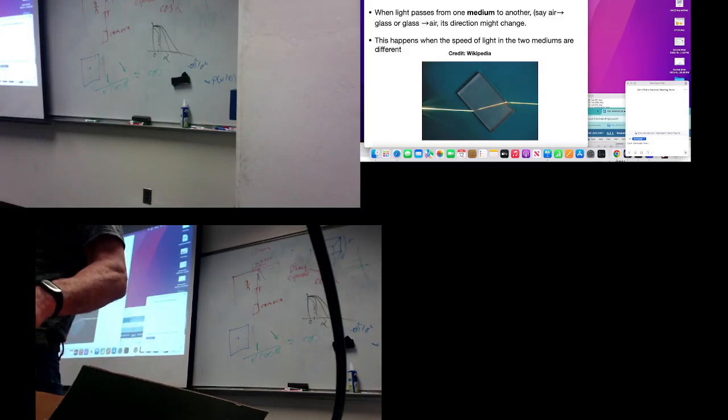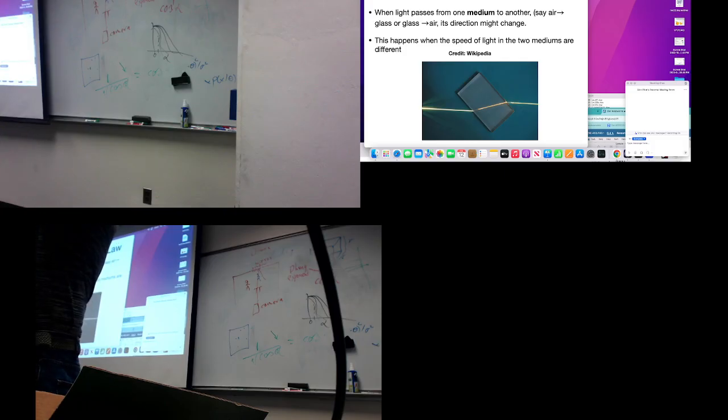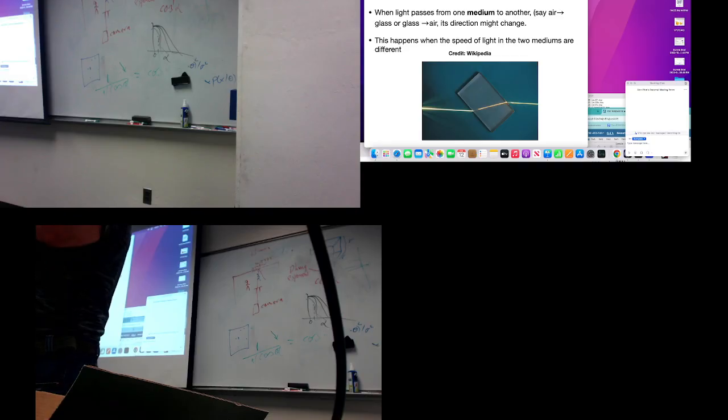So we'll remind you how to do it and how to compute this direction effectively, which will help us handle things like how a crystal ball or glasses work, how you see the world through glasses. Thank you.